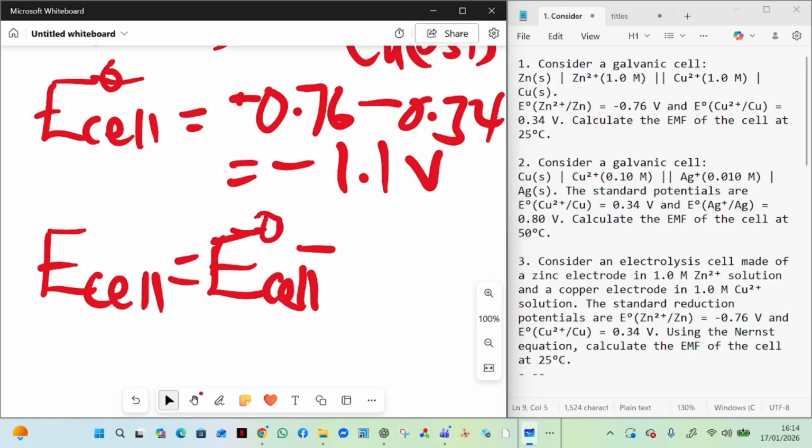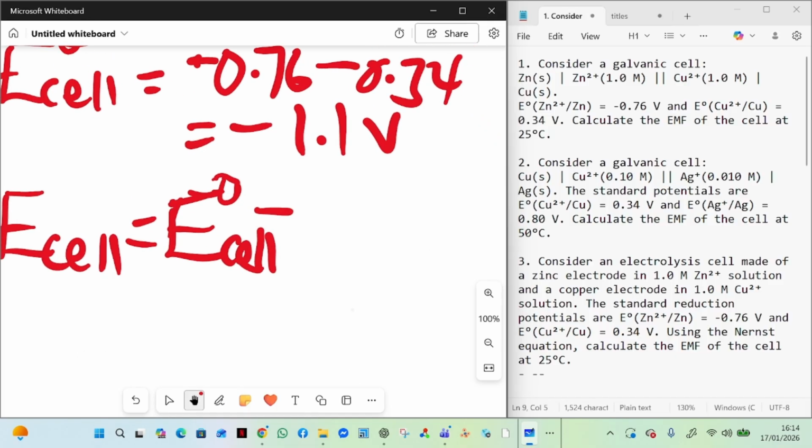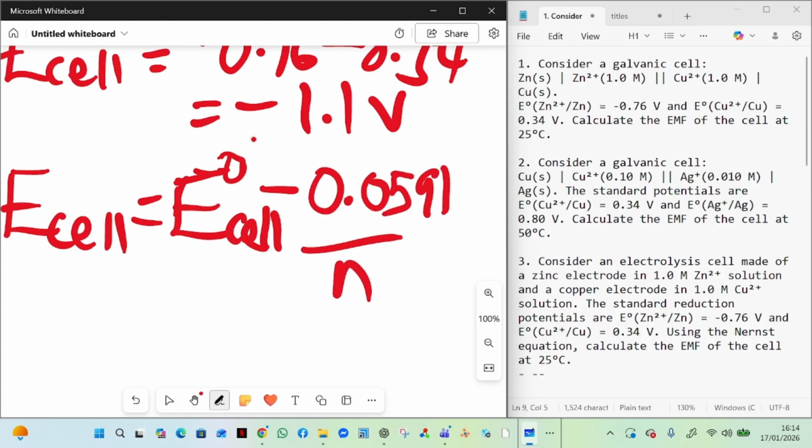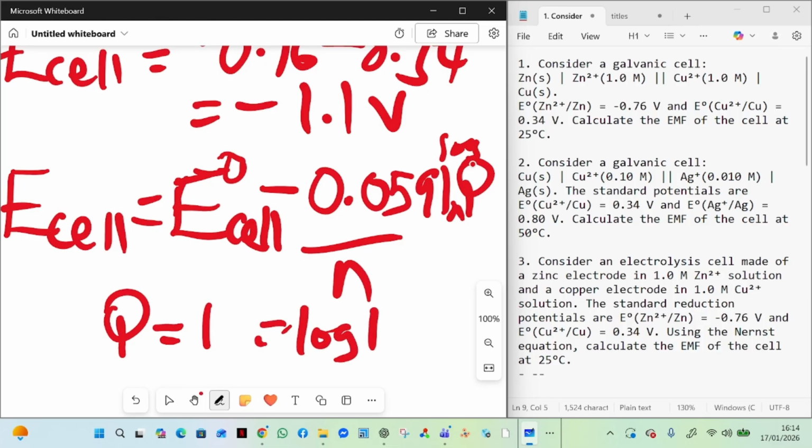minus, because this is at 25 degrees Celsius, we can use the simplified factor, which is 0.0591 over n times the log of the quotient. Q here should be equal to 1 because both concentrations are 1 molar. Log 1 is equal to 0.